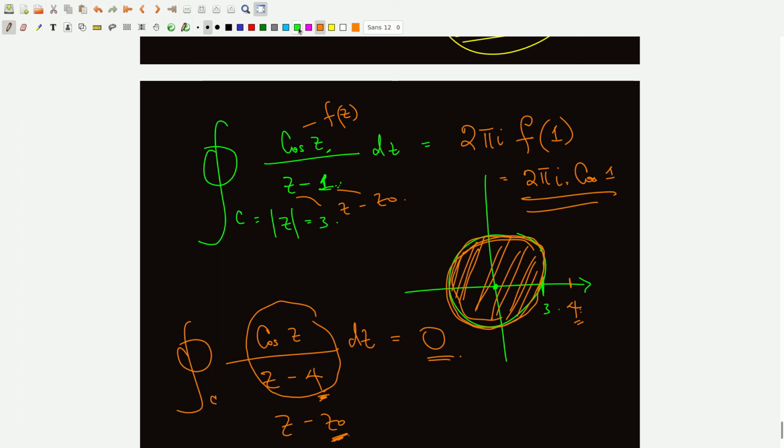It only fails to be analytic at the particular point z equals 4, because there it will be cosine of 4 divided by 0, which will not be analytic.